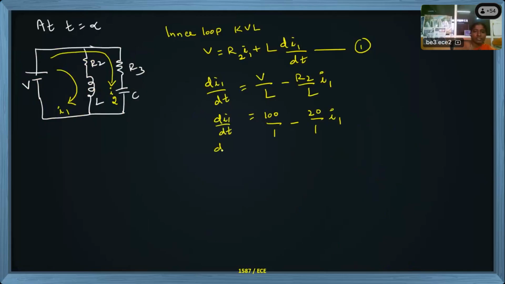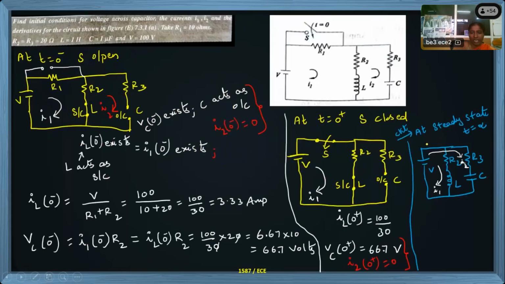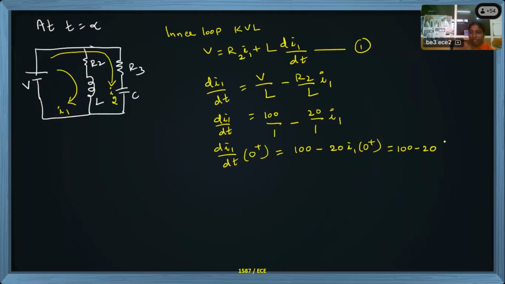When you calculate this at 0 plus, what happens? This becomes 100 minus 20 times I1 current at 0 plus. What is the answer? We already calculated I1 at 0 plus, which is 100 by 30, 3.33.